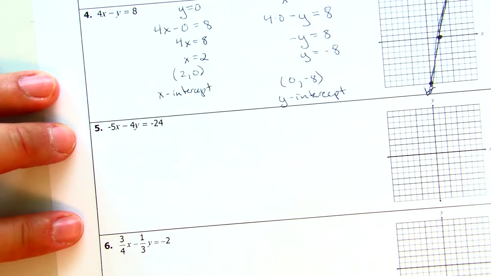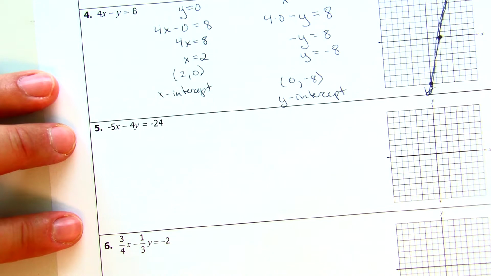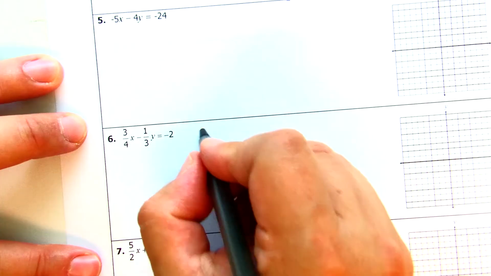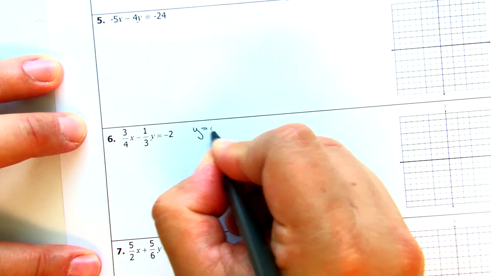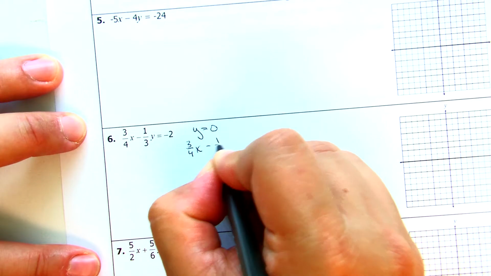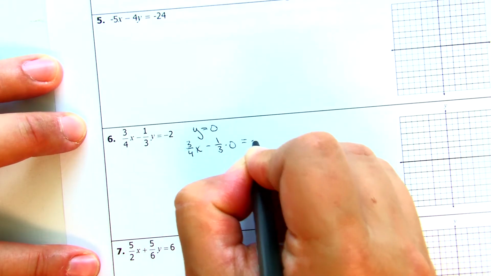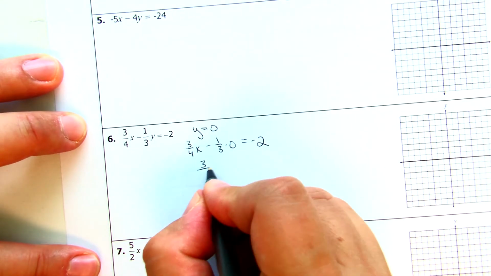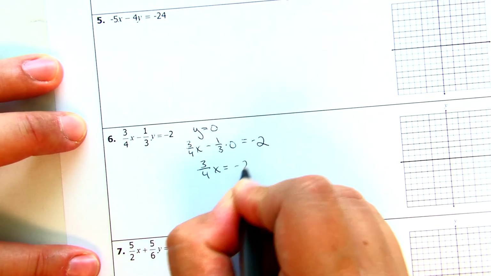Let's try one more that's like that, not in slope-intercept form. Let's try number 6 here, because it's got fractions, so it'll probably be scary for people. We'll start with setting y equal to 0. So 3/4 x minus 1/3 times 0 equals negative 2. Obviously, this is just 0. 3/4 x equals negative 2.